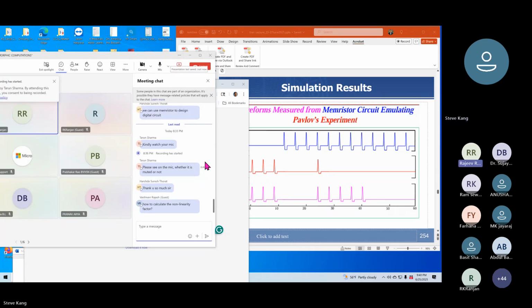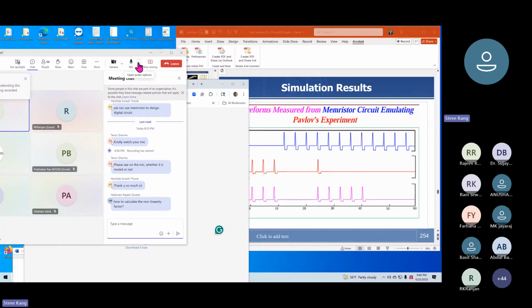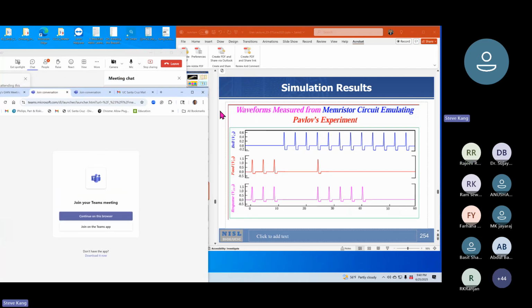How to calculate the non-linearity factor? Yes, that's a tricky thing. You have to be very careful in programming the memductance or memristance because you have to condition it so that it doesn't drift away.